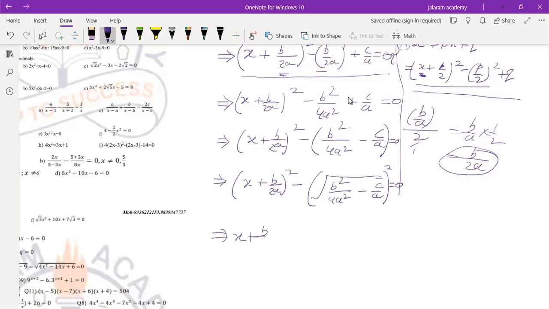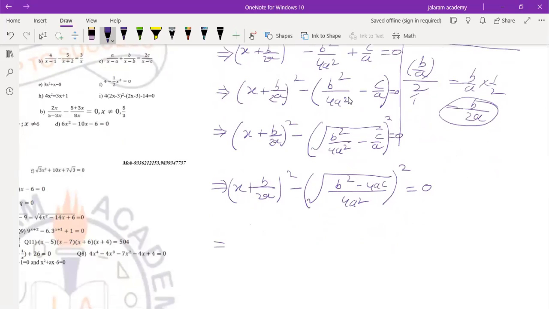It implies x plus b by 2a whole square minus, inside the square root LCM is 4a square, so it is b square minus 4ac whole square equals to 0. Is that clear to you? Now it is a square minus b square, and we know that a square minus b square equals a plus b into a minus b.